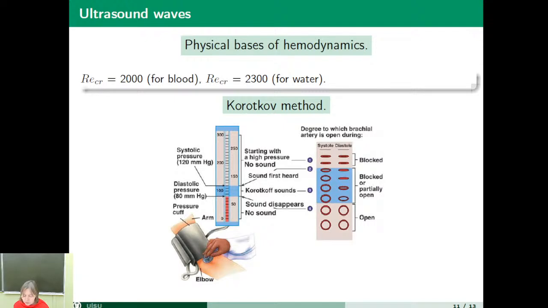Blood pressure is generally measured and reported in terms of two numbers. First, systolic blood pressure. This is the peak maximum arterial pressure in the wave pulse that drives systemic circulation.